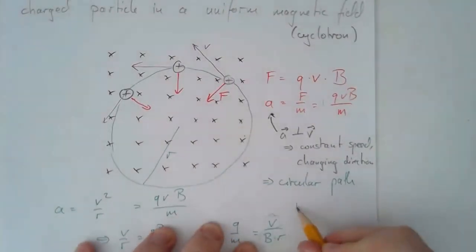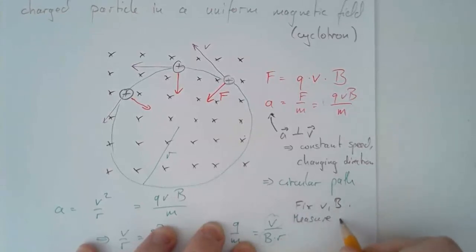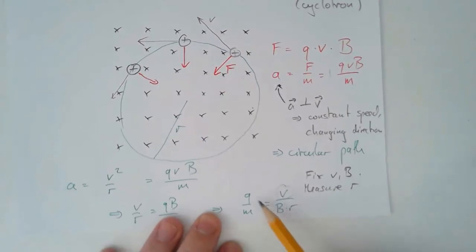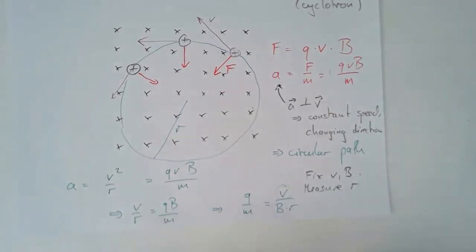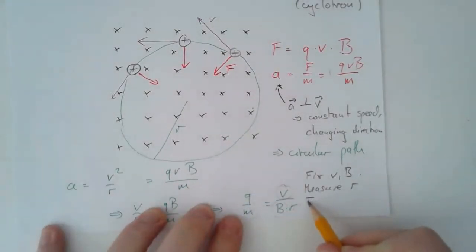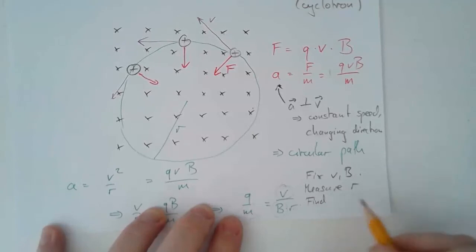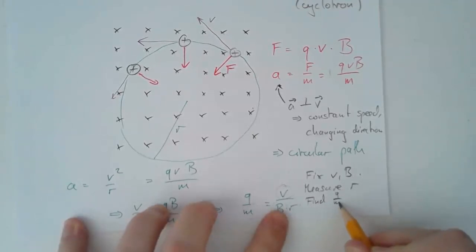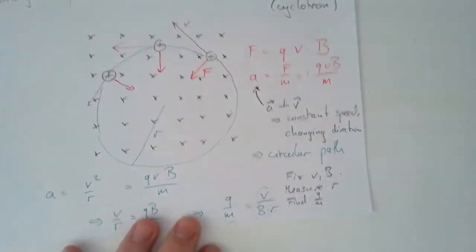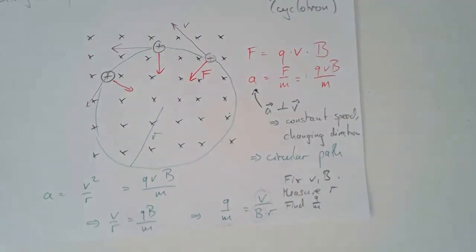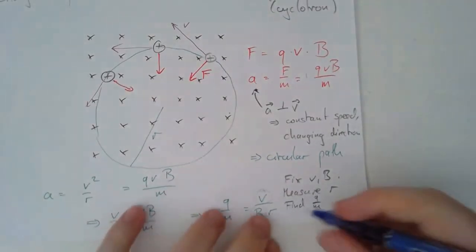So you fix V and B, you measure R, and what it gives you is Q over M. You don't know Q, you don't know M, right? If you don't know either one of them, you can't figure out the other. But it gives you the ratio. So you find Q over M, and that quantity has a name. It's not a very imaginative name. It's the charge to mass ratio.